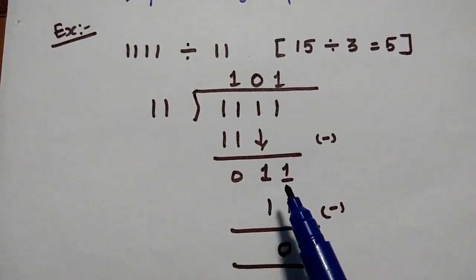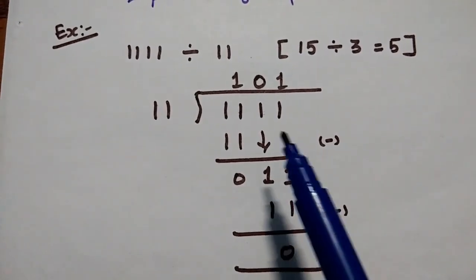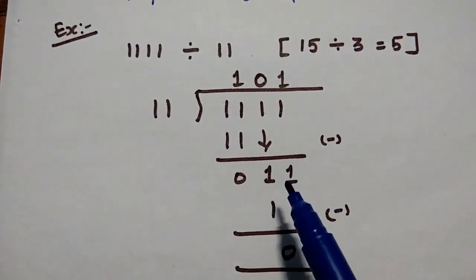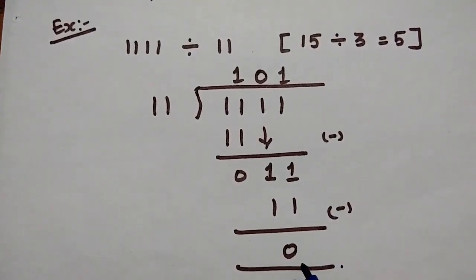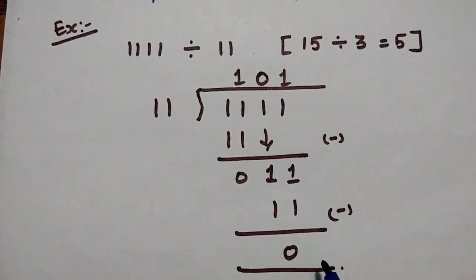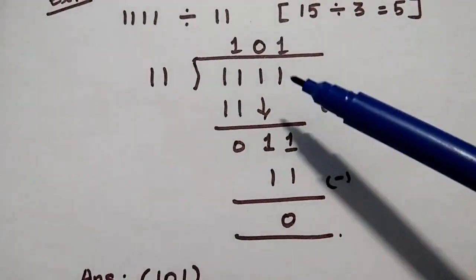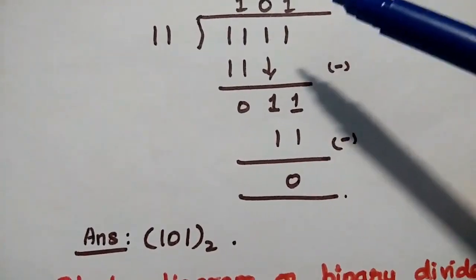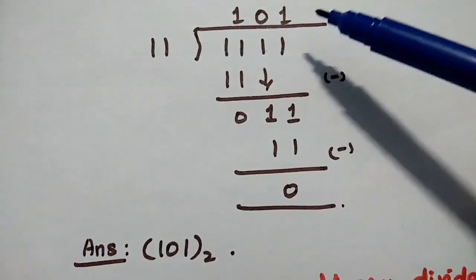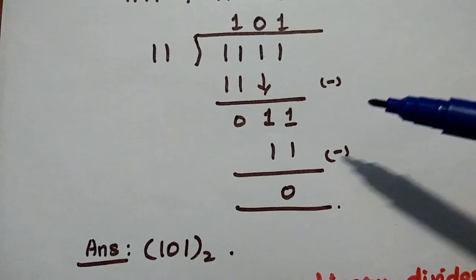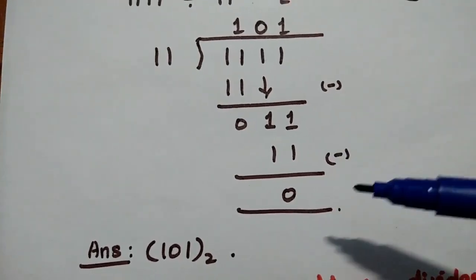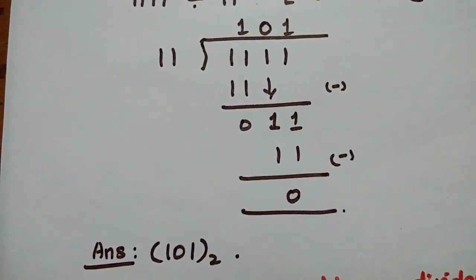We can call this the partial dividend, because part of the dividend is moving. So here 11 minus 11, we get 0. So the remainder is 0. The quotient is what? 101. Here 101 is nothing but 5 in terms of decimal. Do you all understand the long division method of binary division?